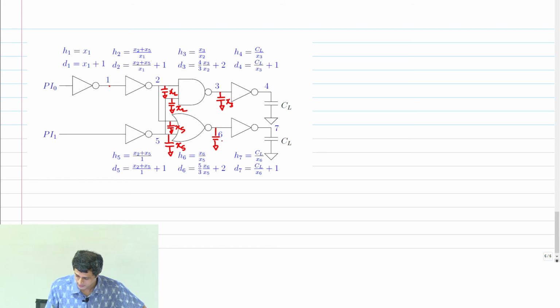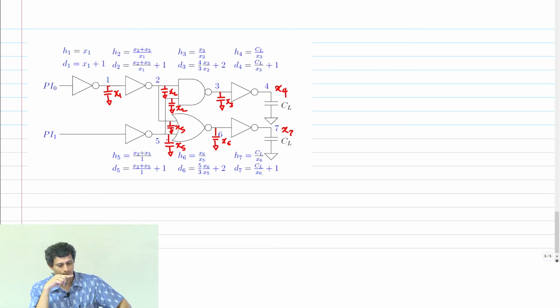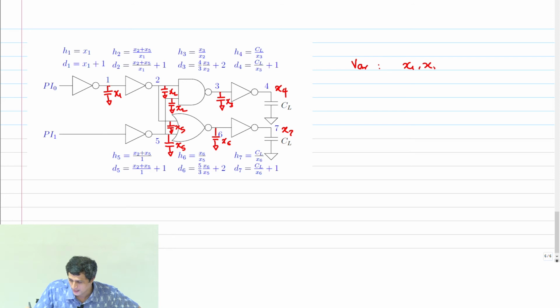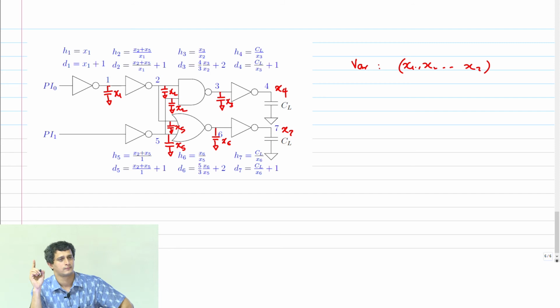And this is basically x6. This is x4, x7, x1. Okay? These are my variables. My variables are, as usual, my capacitances x1, x2, all the way to x7. I have to solve for this.